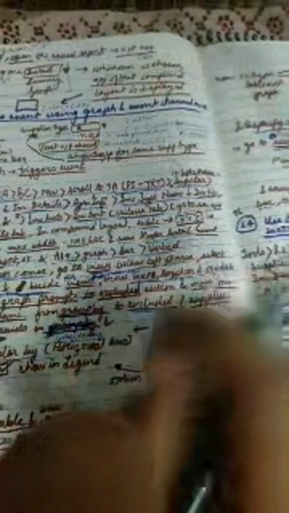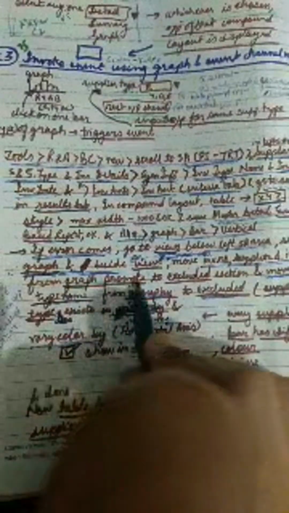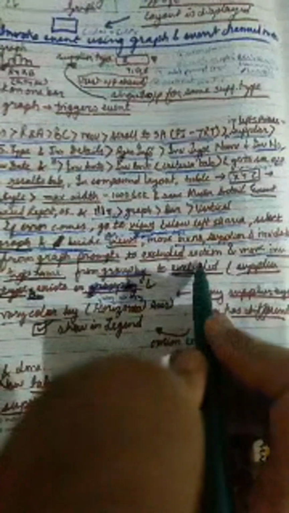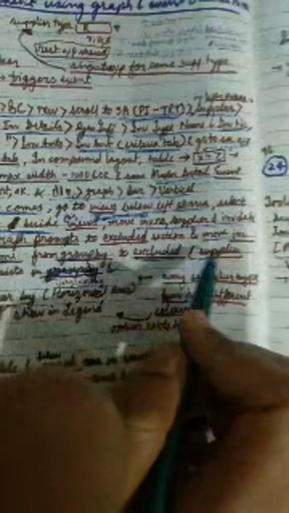The third one was group by. There also we dragged and dropped all columns to the excluded section. So here, first, after the edit, I'm taking the columns from the graph prompt section to the excluded section. Next, in the group by section there are also multiple values, so I'm moving invoice type name to the excluded section.